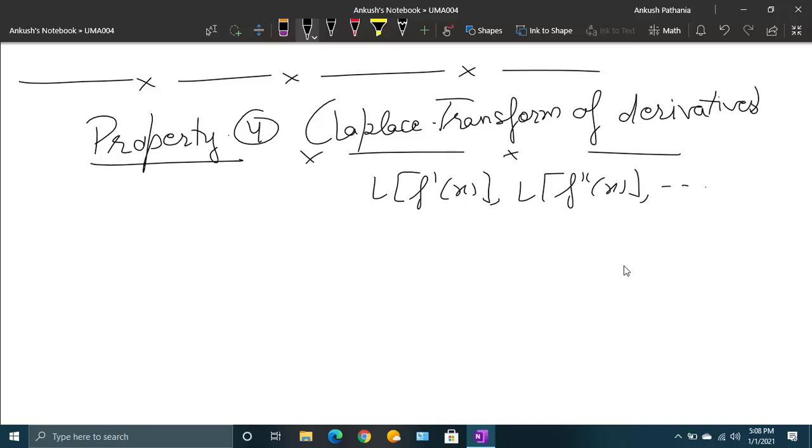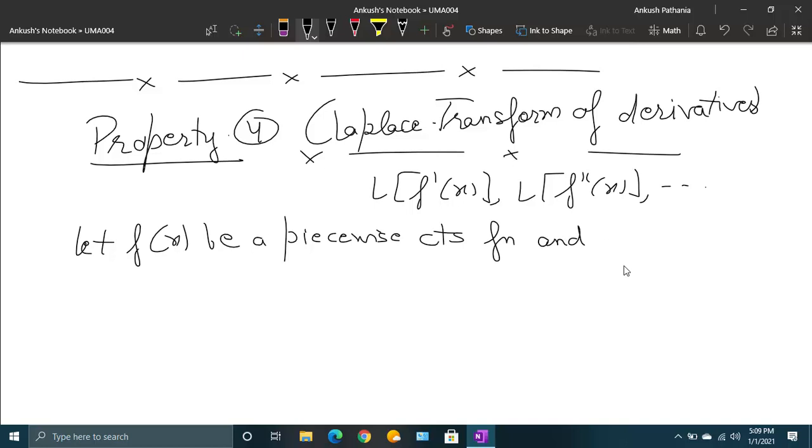So it says: let f(x) be a piecewise continuous function and of exponential order c for all x greater than or equal to 0.